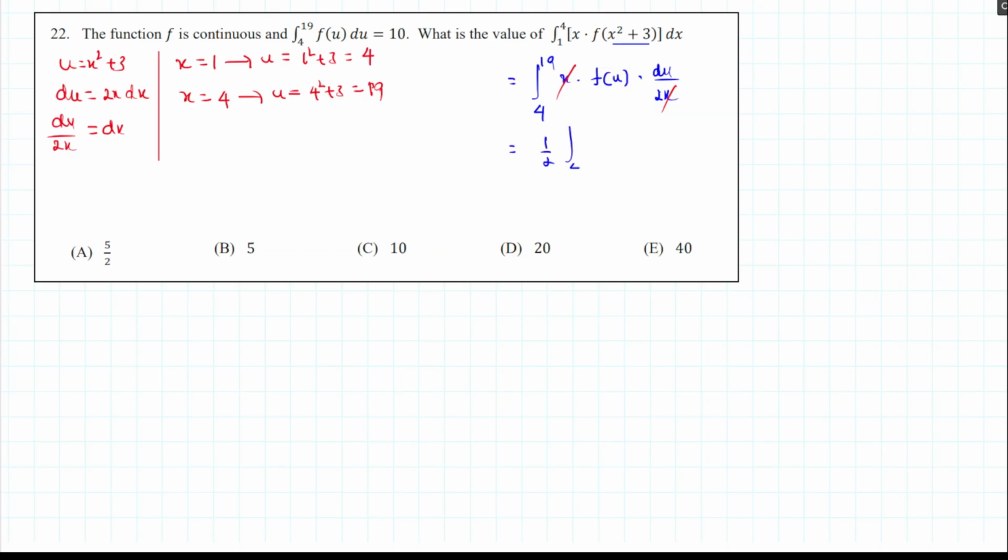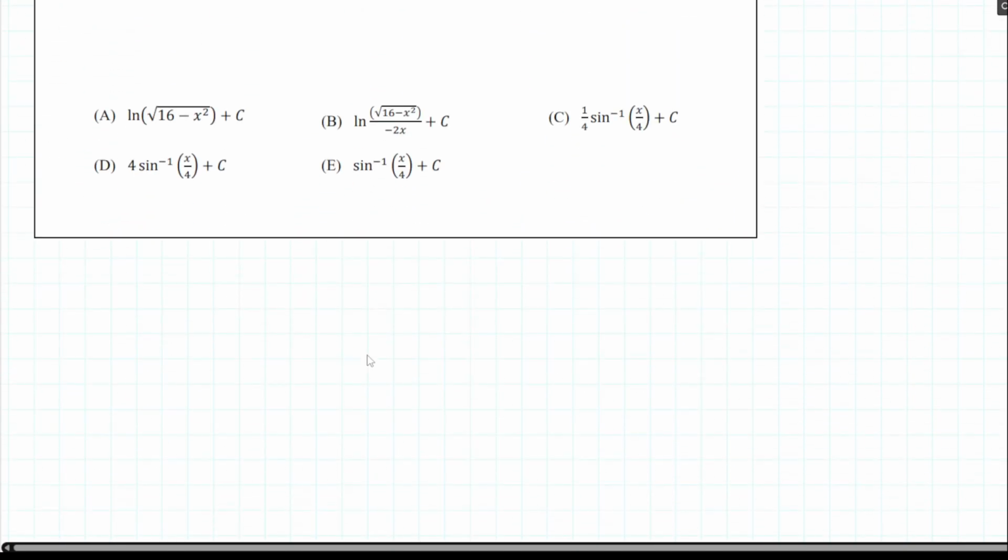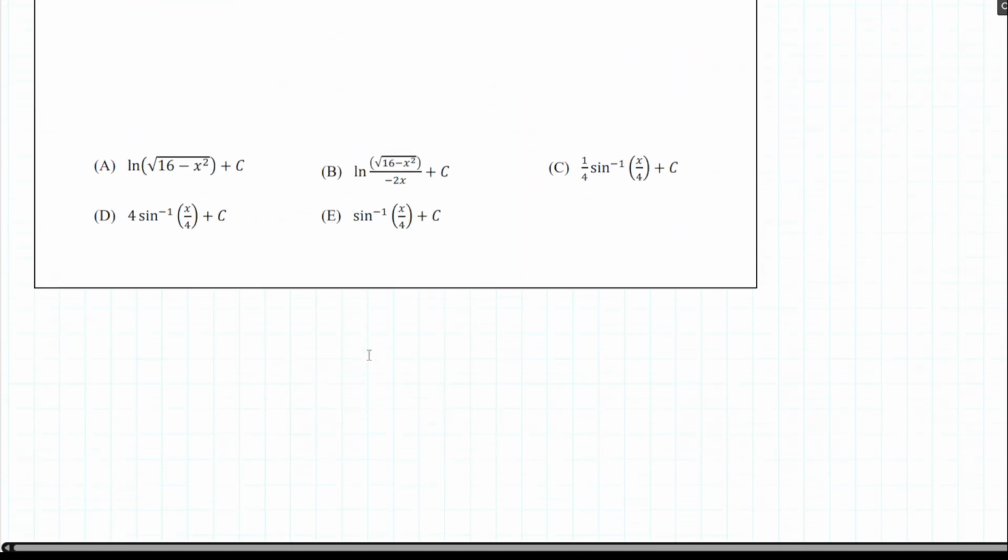So 1 half integral from 4 to 19 of f of u du. And this is given in the question, the integral from 4 to 19 of f of u du is 10. So that is equal to 5. So therefore the correct option is B. So this is this problem.